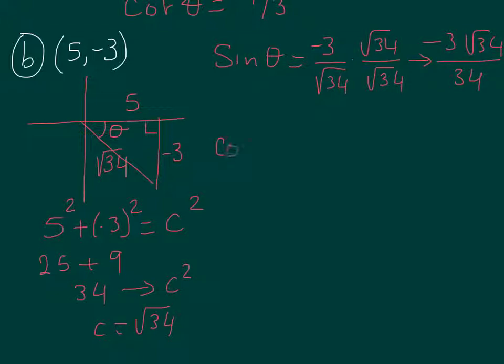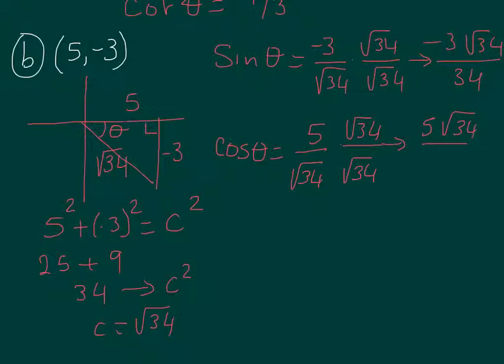As for the cosine, it's going to be adjacent over hypotenuse, and again you have to rationalize it, and that will give us 5 rad 34 over 34. As for the tangent of theta, it is opposite over adjacent, negative 3/5.